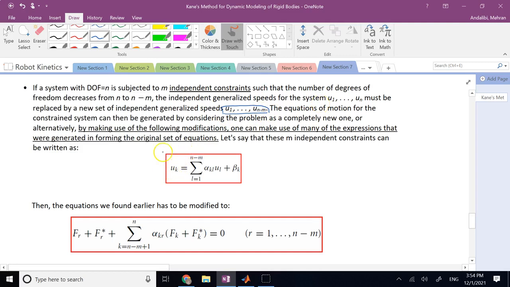If you can find all of those based on these other generalized speeds in a linear fashion, so uk here, where k can be any number from n minus m plus 1 all the way to n, you can find any uk based on the linear combination of those other u's, which are from 1 to n minus m, as what?